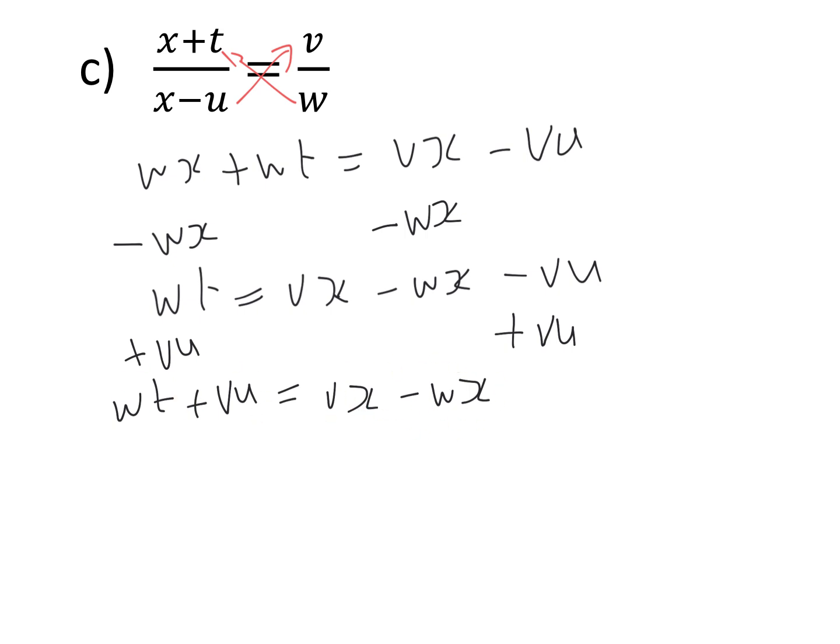We then need to factorize out the x, so we've only got x once. The left hand side stays as it is. X is multiplied by v minus w, so you divide both sides by v minus w.